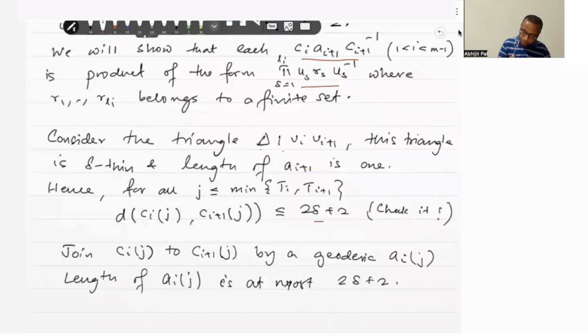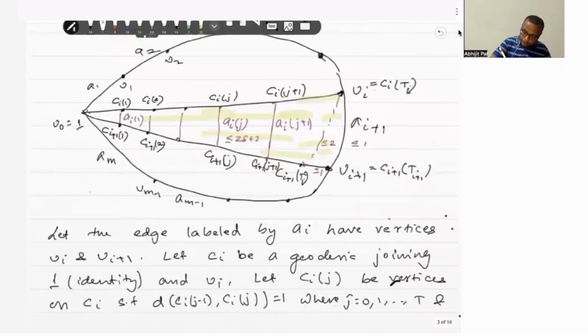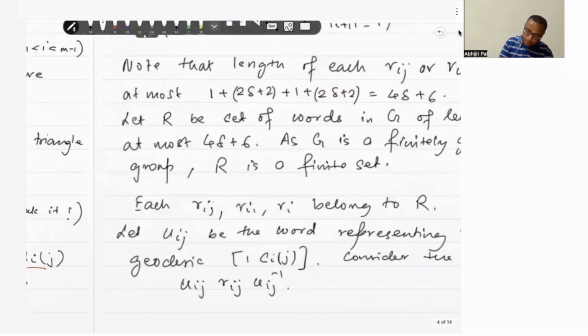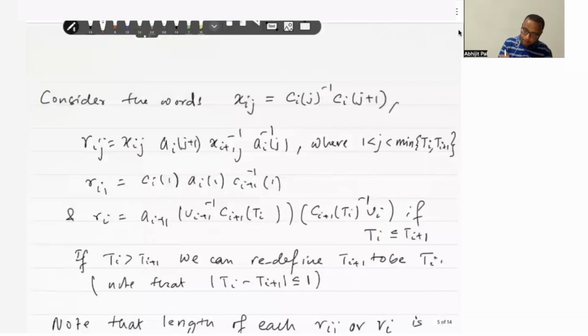So now, as I said before, join this Cij and Ci plus 1 j by geodesic Aij. So this is my geodesic, which is labeled by this Aij. So the length of this geodesic is at most 2 delta plus 2. Okay.